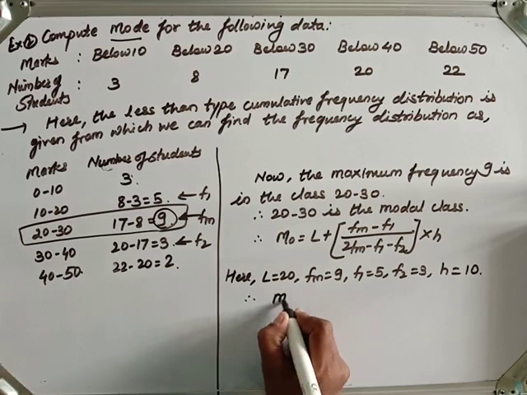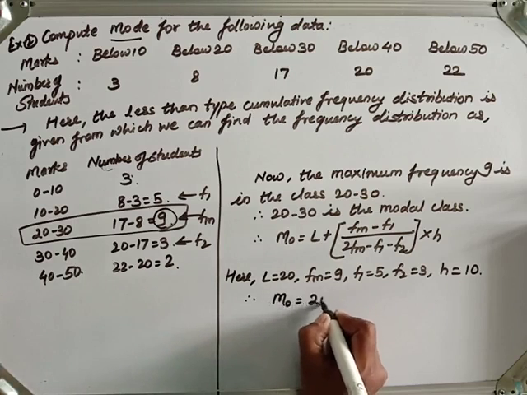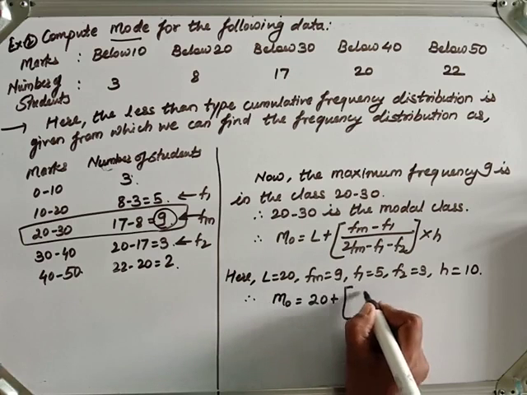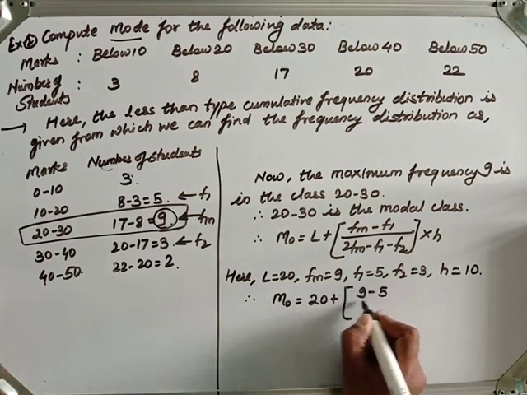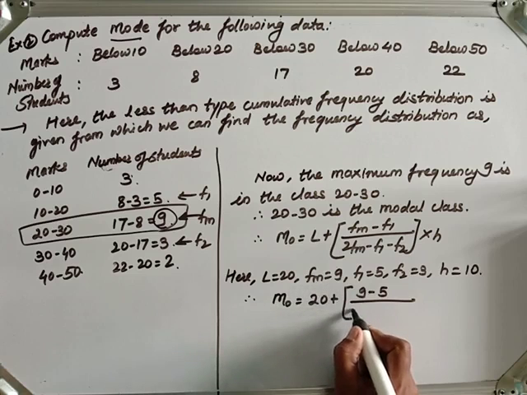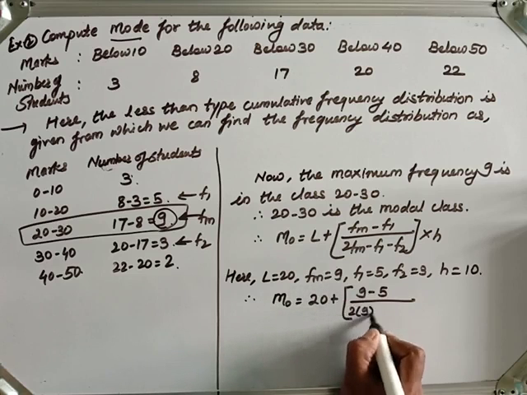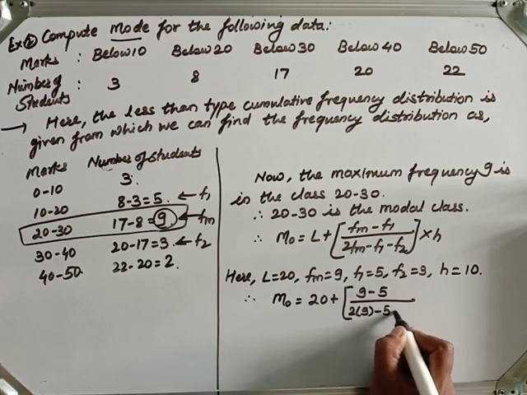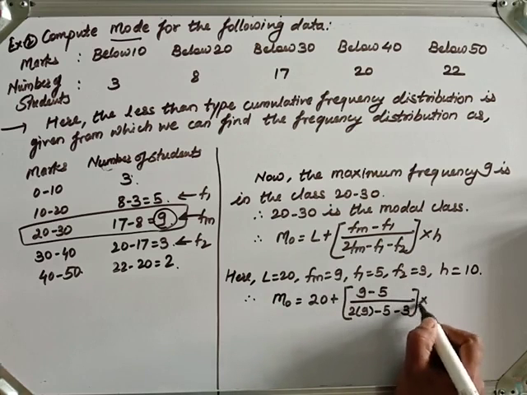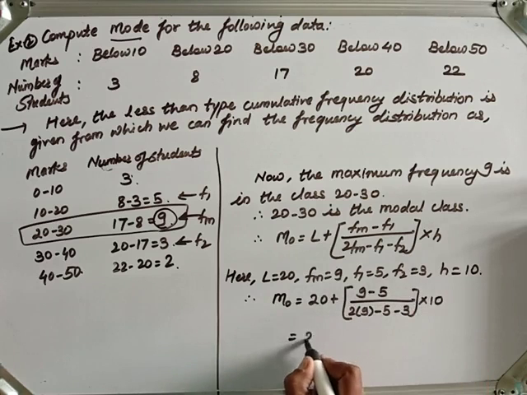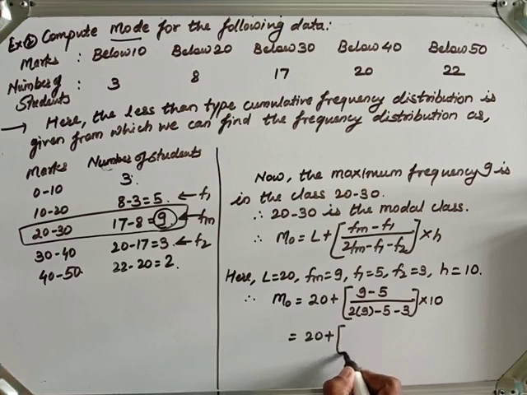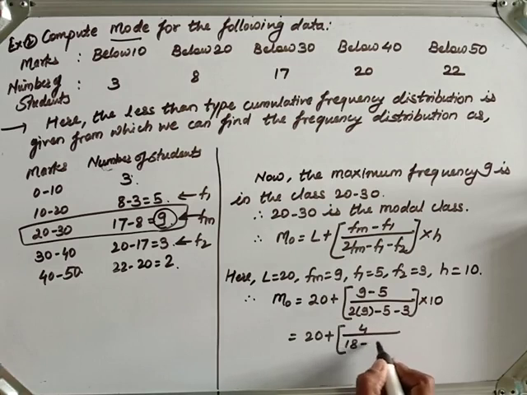Therefore mode is 20 plus (9 minus 5) upon (2 times 9 minus 5 minus 3) into 10. So it is 20 plus 4 upon (18 minus 8) multiplied by 10.